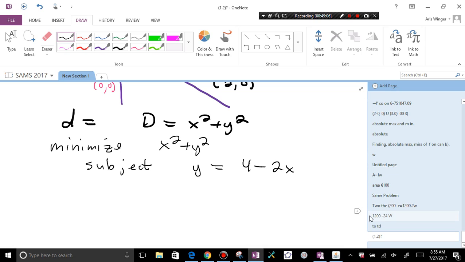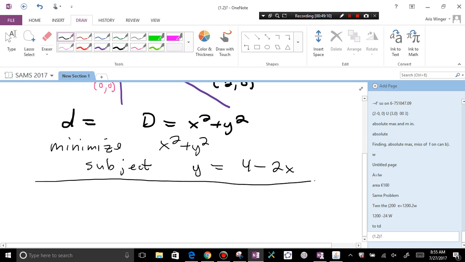Oh, that's a great question. Thank you. So if I look at the square root of x, the square root of x looks like that, right? And so the minimum of the square root is the same place where the minimum of the inside is.